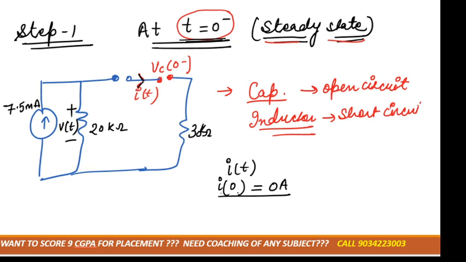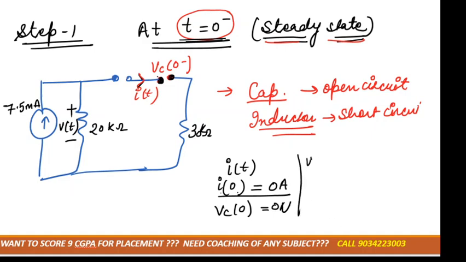Similarly, can you tell me the voltage across the capacitor? Is there any voltage across the capacitor? Why is there no voltage? If no current is flowing, then the voltage is also 0, that is 0 volt.